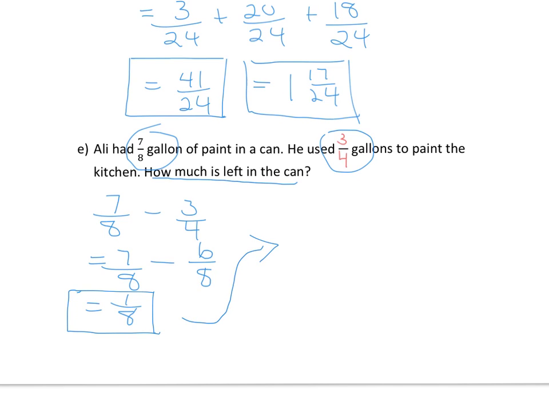So we communicate the solution back using words. So we would say Ali has 1/8 gallon left. Finished. And just make it a short and sweet sentence that answers the question that was asked.